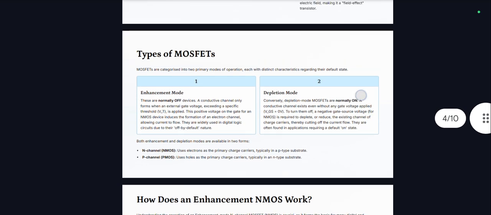Then different types of MOSFETs. MOSFETs mainly work in two modes. First one is enhancement mode, and then the second one is depletion mode. Enhancement mode devices are normally off, and turn on only when gate voltage crosses a certain value called threshold voltage.